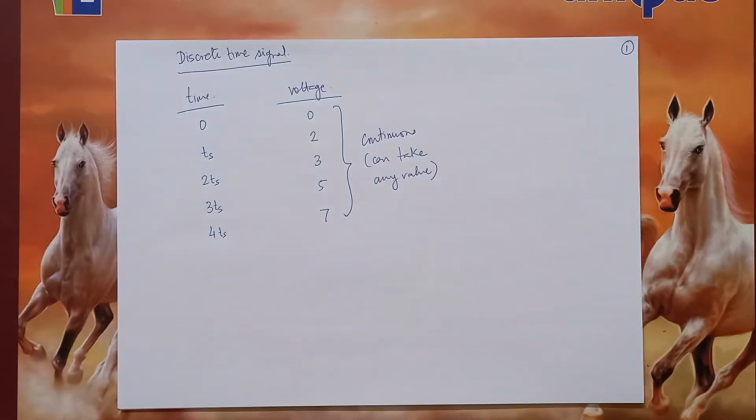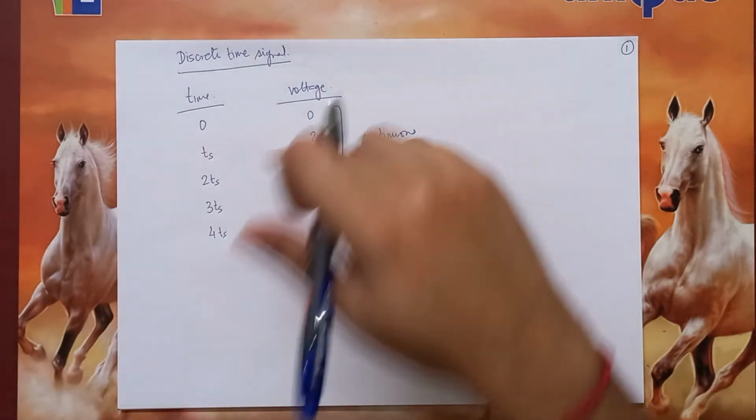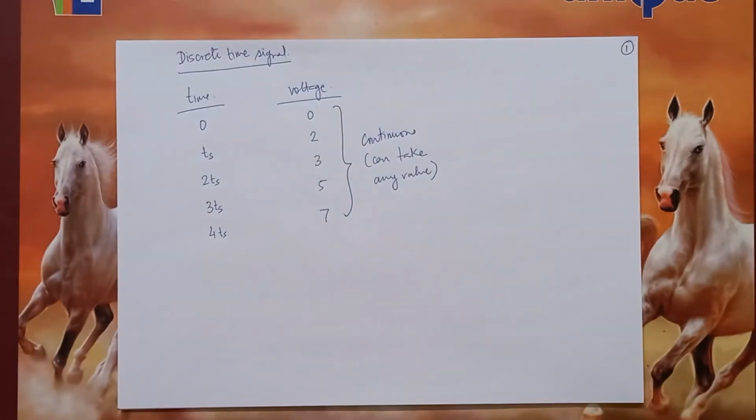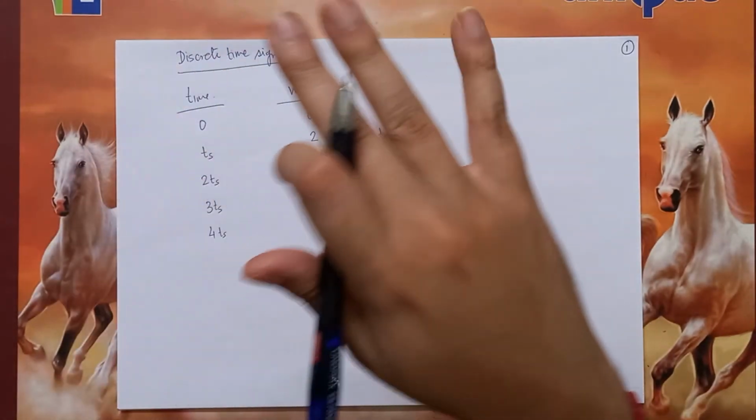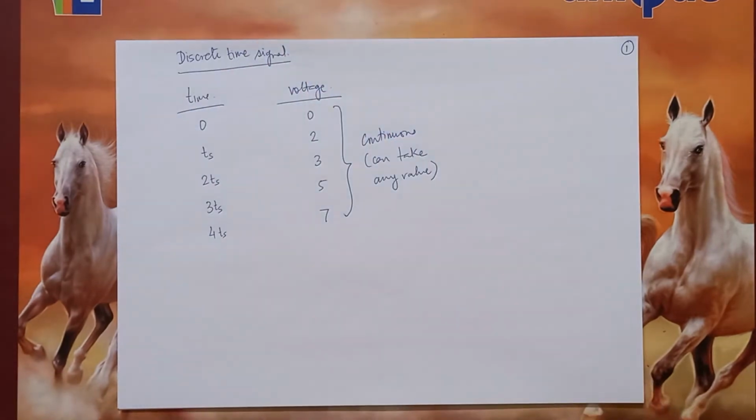Therefore, before commenting any further, we have to know that yes, the voltage can take any value. So there is no point in trying to discretize anything in the voltage axis.